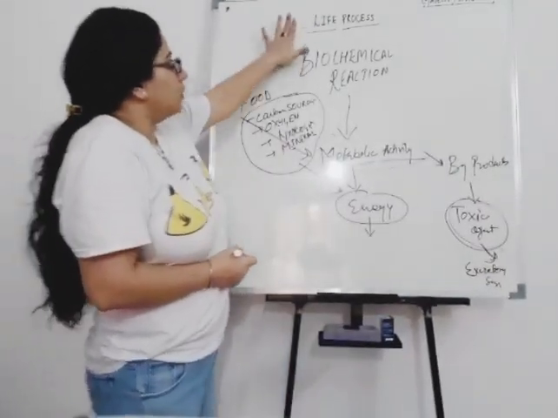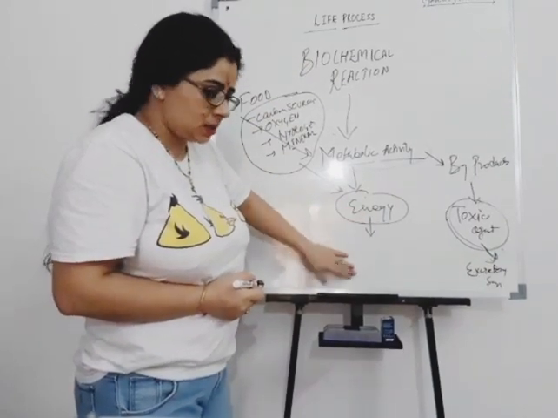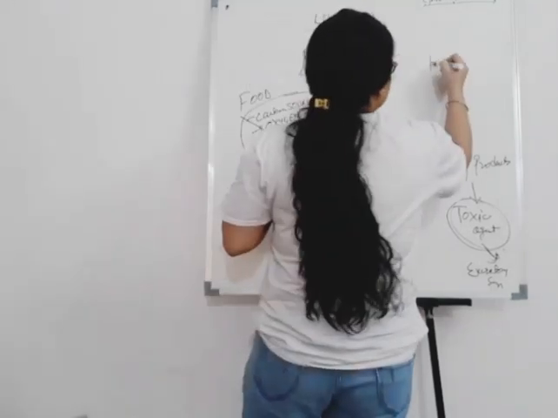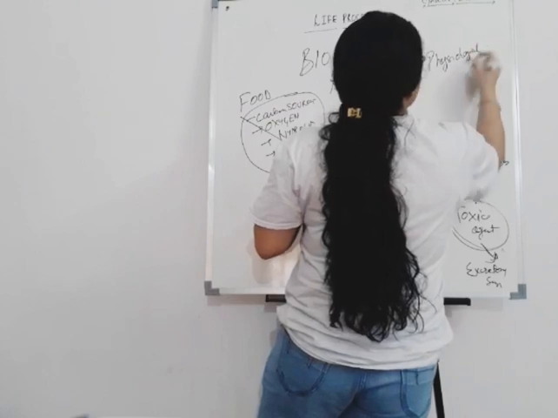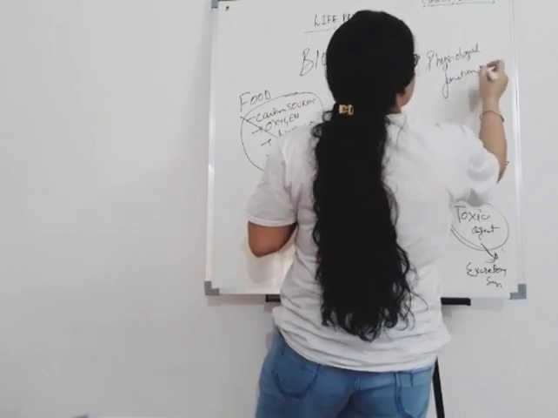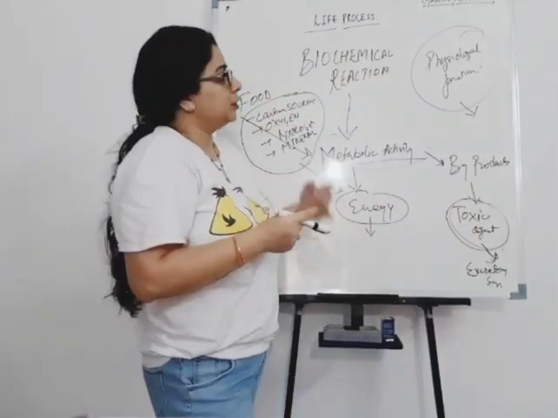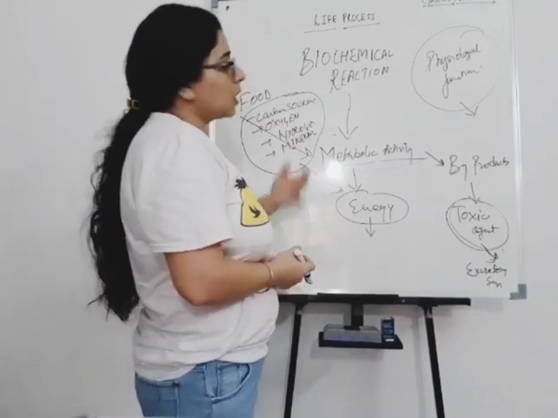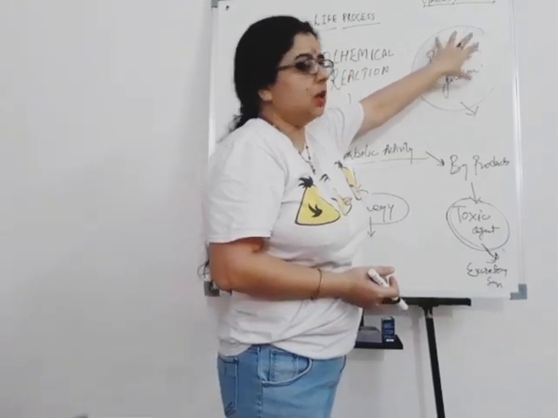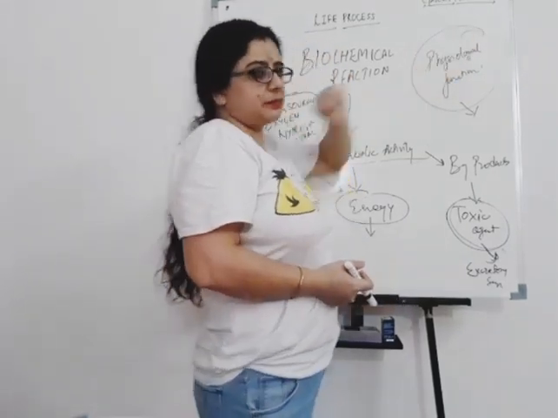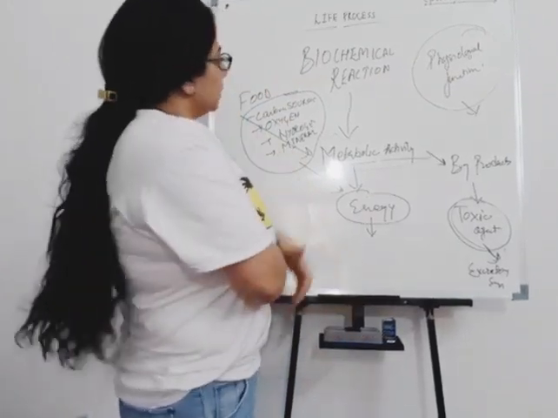So, biochemical reactions are essential to form energy to perform all activities, whereas physiological functions like excretion, digestion, and circulation are the essential functions which help in the survival of the organism.